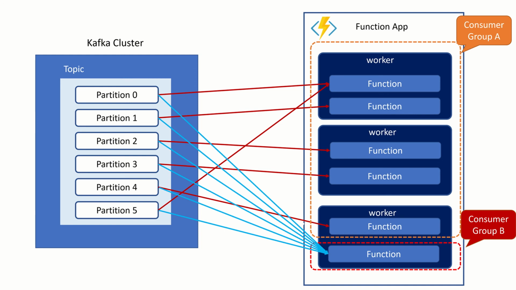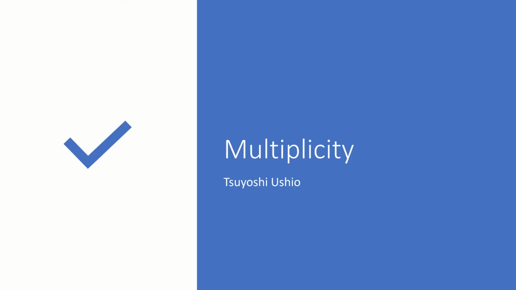If you have a consumer group B, totally different, and it has only one consumer, this one can read any partition. But the offset is totally different from consumer group A. So you might read the same message as consumer group A. This is the concept.